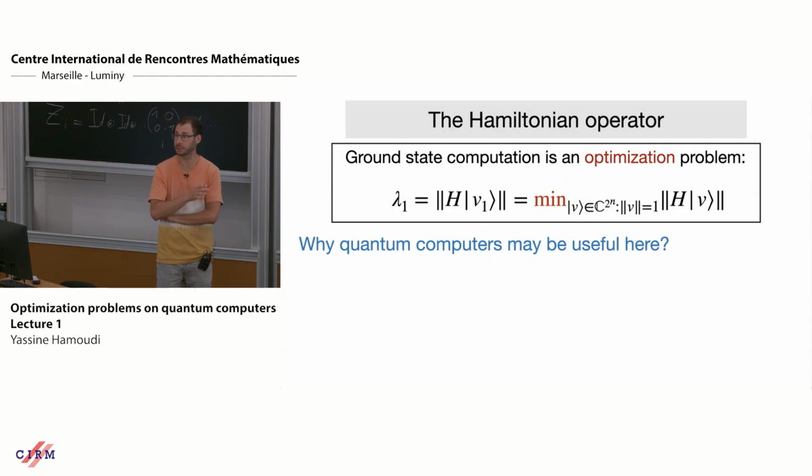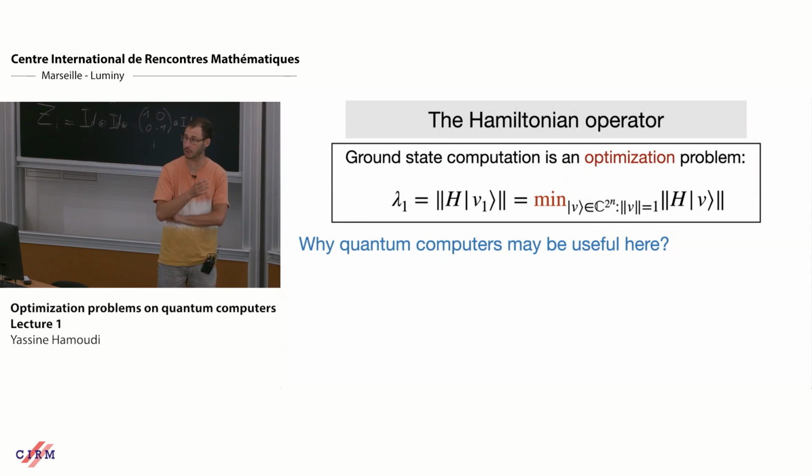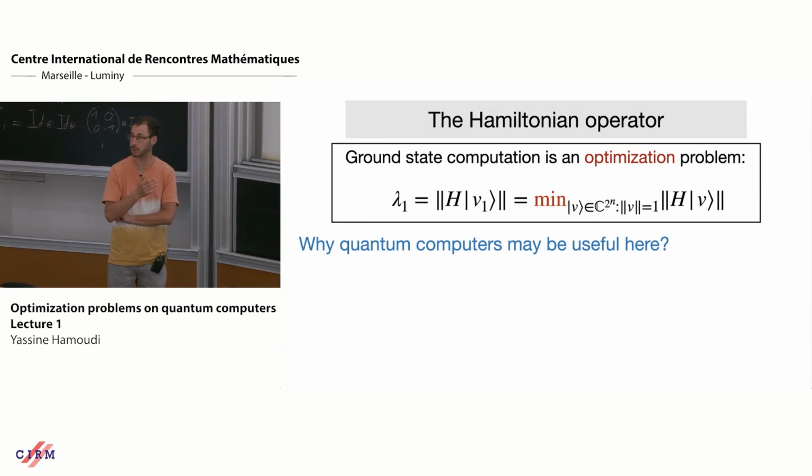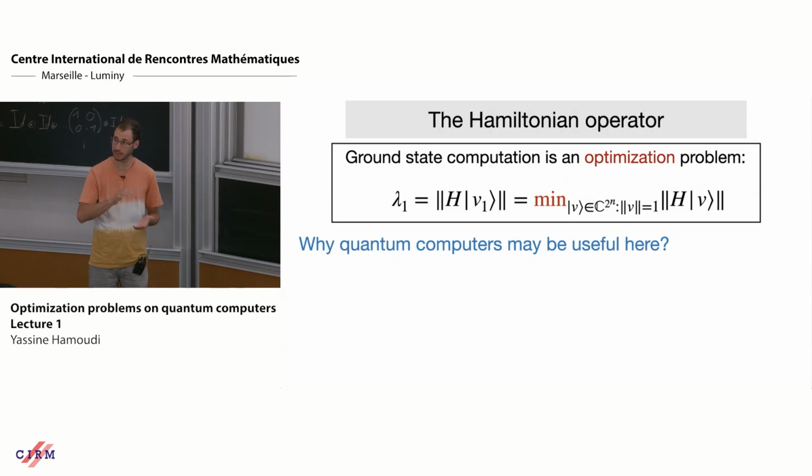So you'll see in a minute. I will describe an optimization algorithm that depends on how large the spectral gap is. The larger the gap is, the more efficient the algorithm will be. So the complexity will depend on the largeness of the spectral gap, but you'll see in a minute why it comes into the picture.